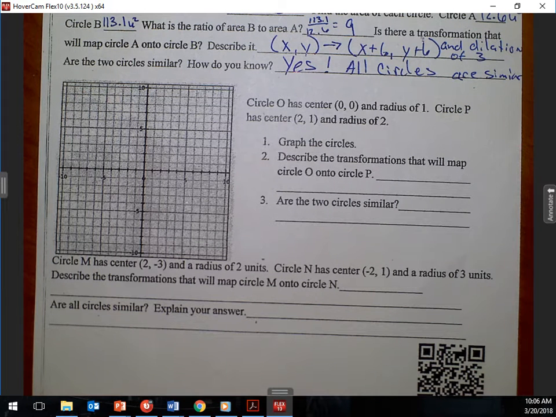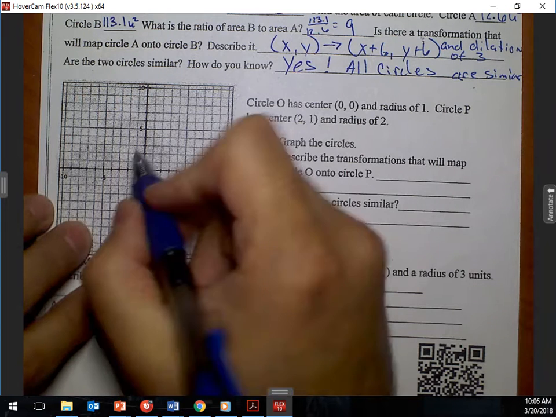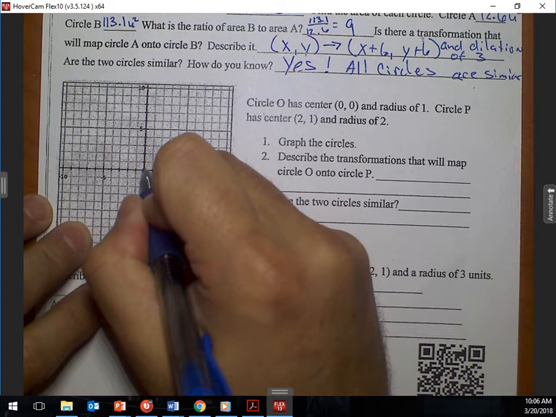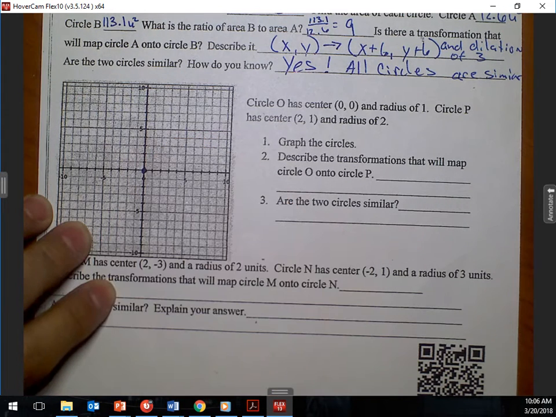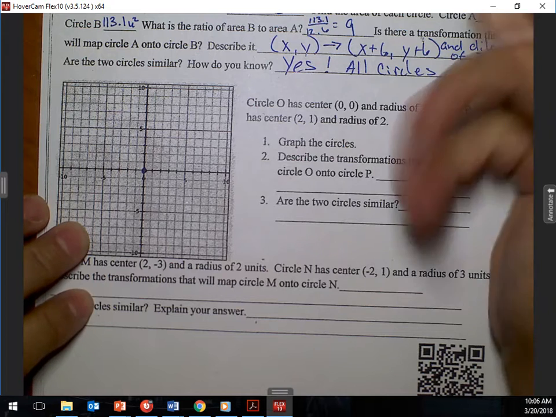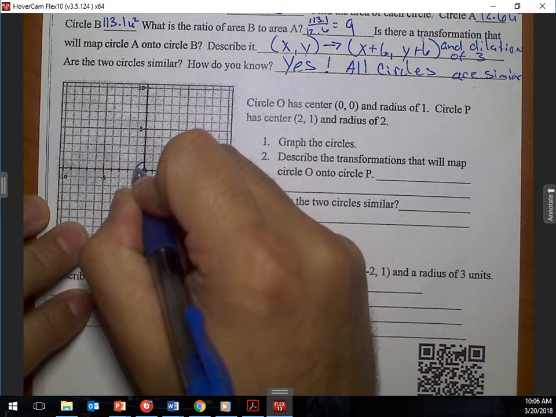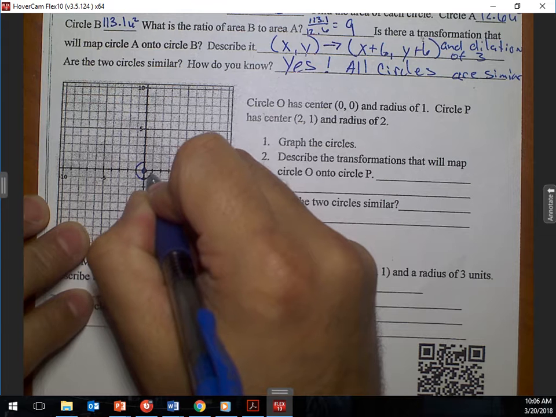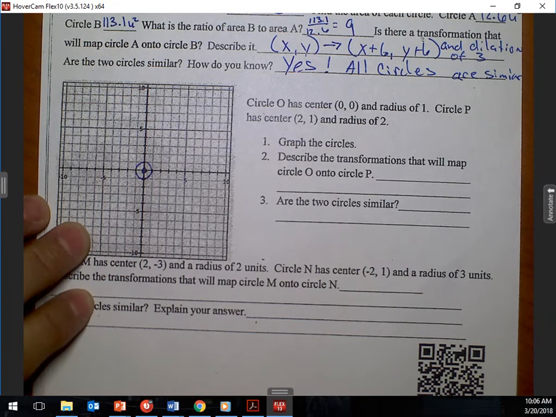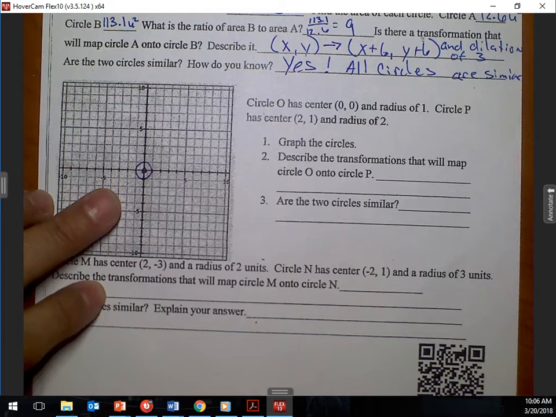So let's start by graphing the circles. At 0, 0, which is right here, and a radius of 1, it's going to look like that right there.